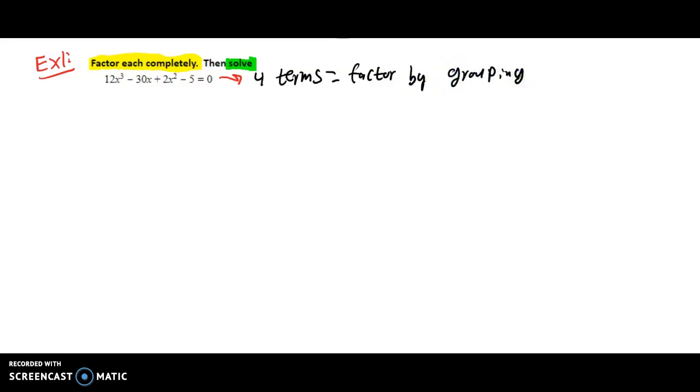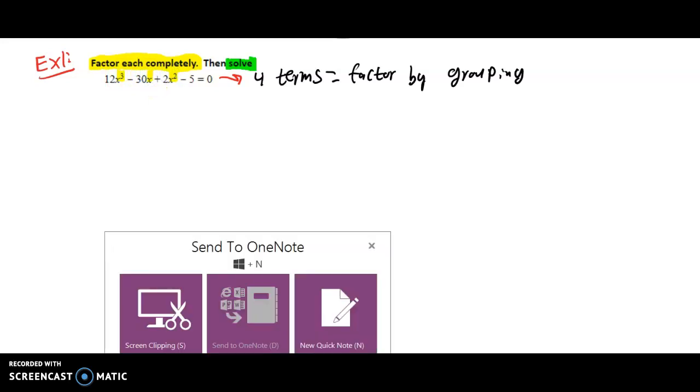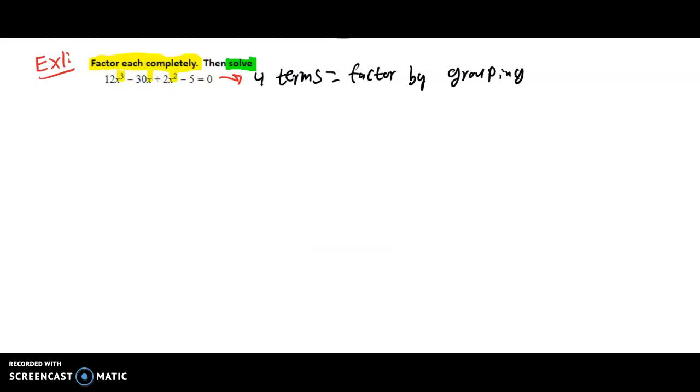First thing we're going to do is break the problem up into 2 groups. Well, actually, the first thing we need to do is organize our exponents in descending order, so highest to lowest. So I've got 12x cubed first, x squared should come next, plus 2x squared minus 30x minus 5.